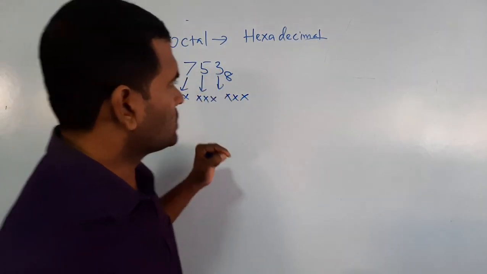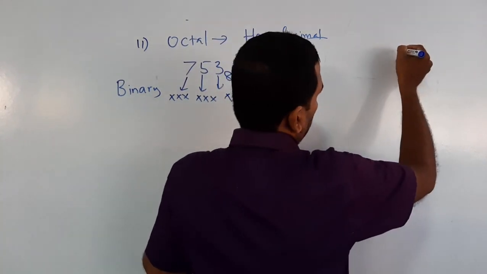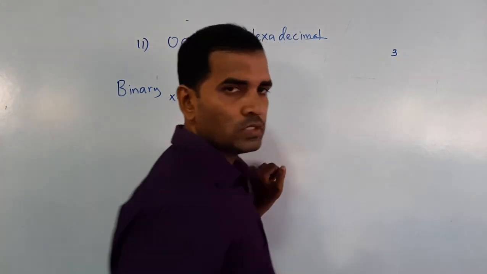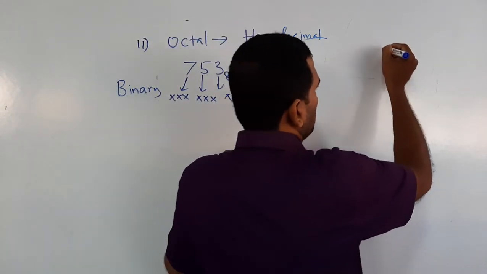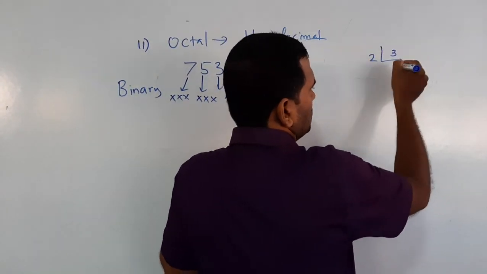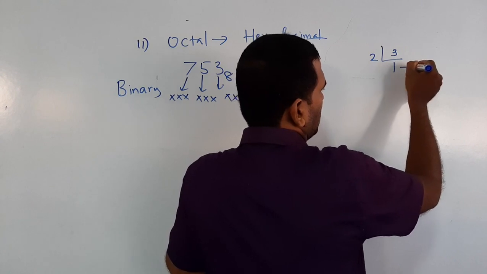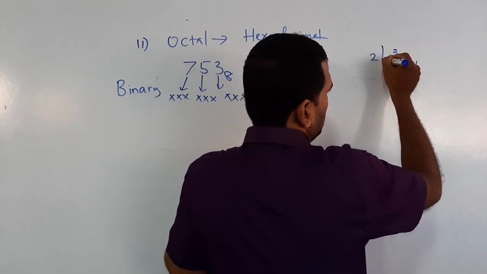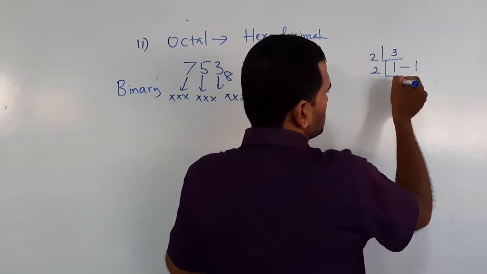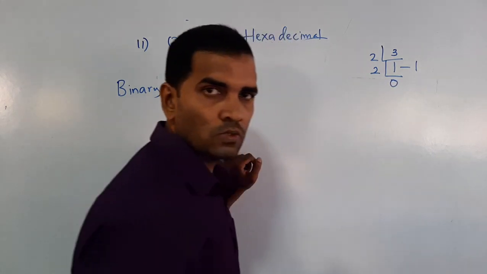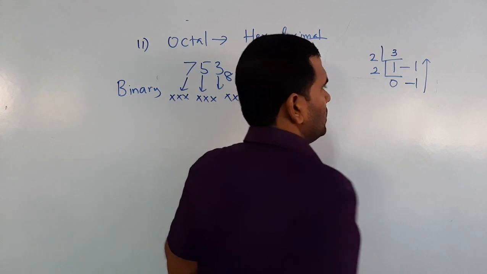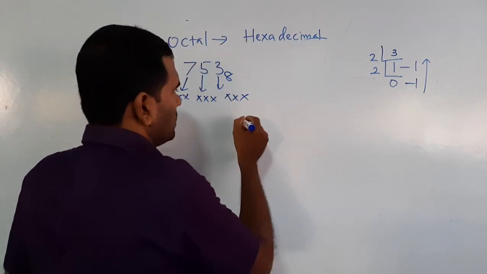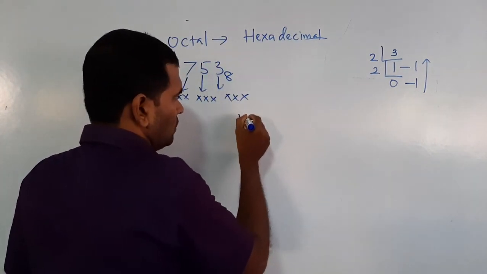So first of all, it's 3. So I can write the computations here. 3 has to be converted to binary. It's very simple. Divide by 2. It is 1, remainder 1. Divide it again. Here 0 quotient, the remainder 1. So this 3 is represented by 11.